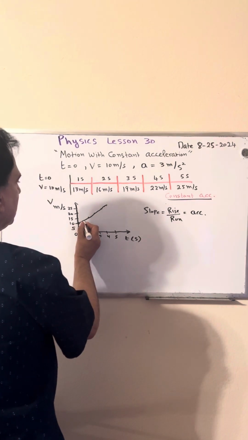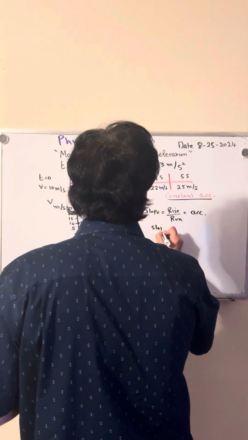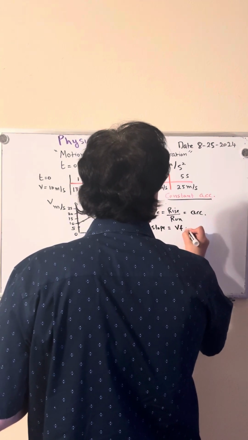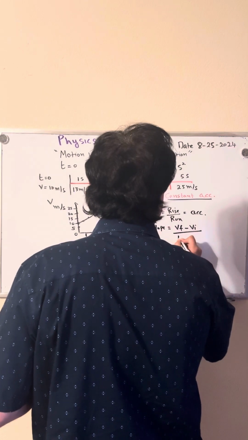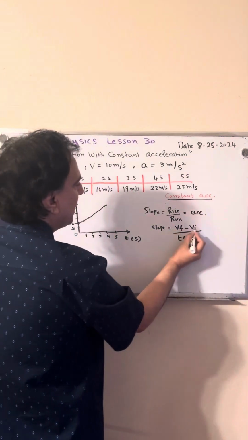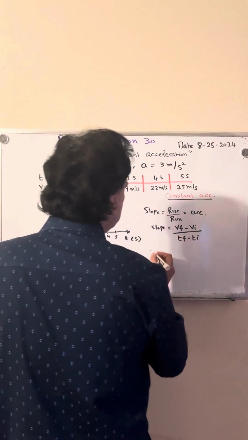My slope would be Vf minus Vi over Tf minus Ti: final velocity minus initial velocity, over final time minus initial time.